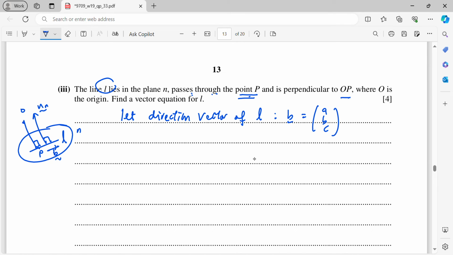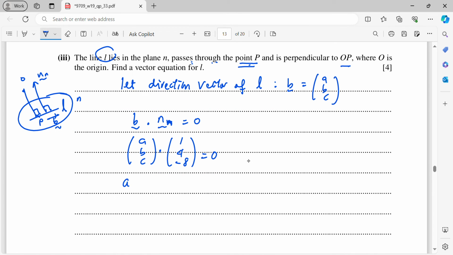Then from here, I know that B is perpendicular to N. Perpendicular means that the dot product equals 0. So I will write (a, b, c) multiplied with (1, 4, -8) equals to 0. Therefore, a plus 4b minus 8c equals to 0. This is my first equation.